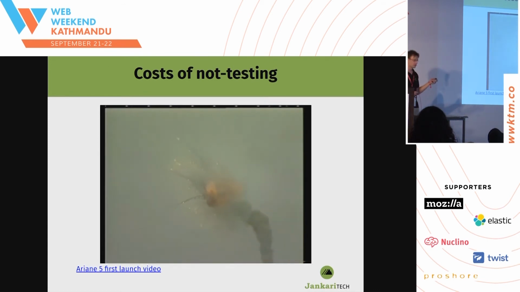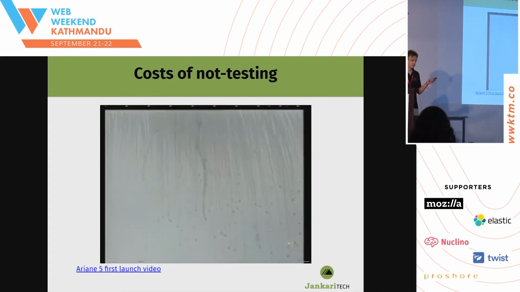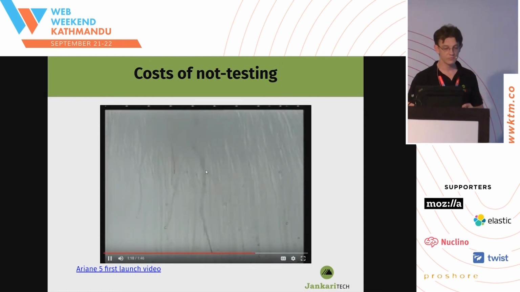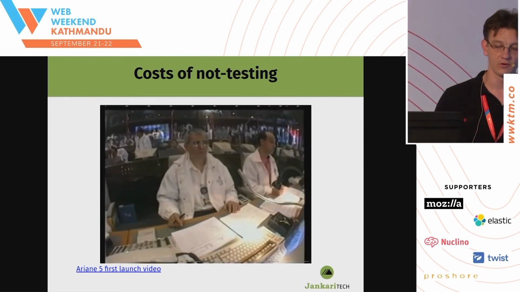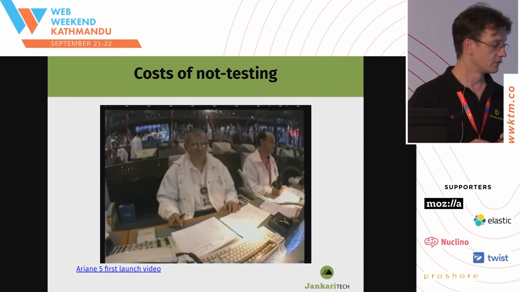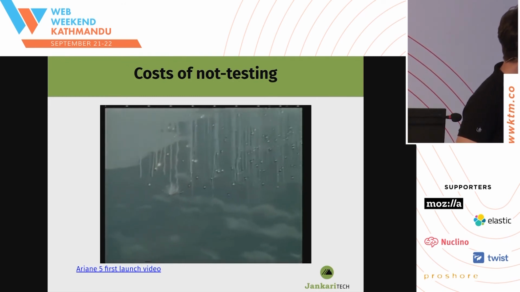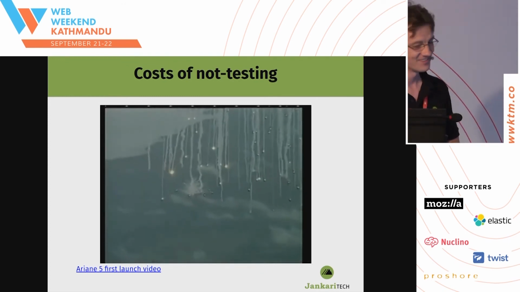They made this new rocket, and they took part of the software of Ariane 4, the previous rocket. But guess what? Ariane 5 was bigger, faster, had more acceleration.